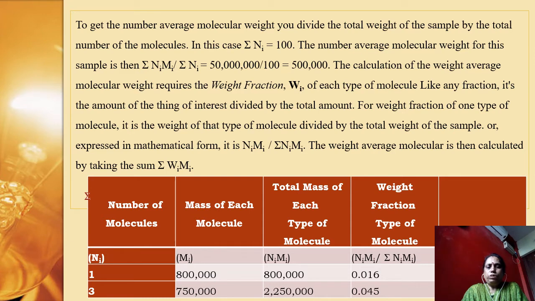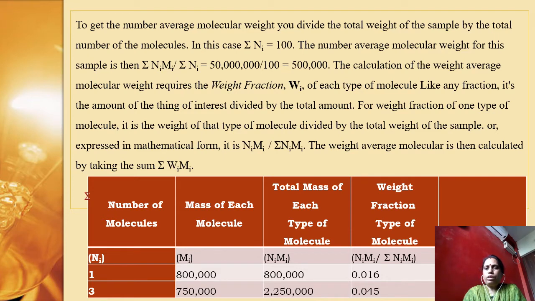Now we'll go to the number average molecular weight. Here you get it by dividing the total weight of the sample by the total number of molecules. Suppose in the tabular column which I have given here, the summation of Ni is equal to 100.